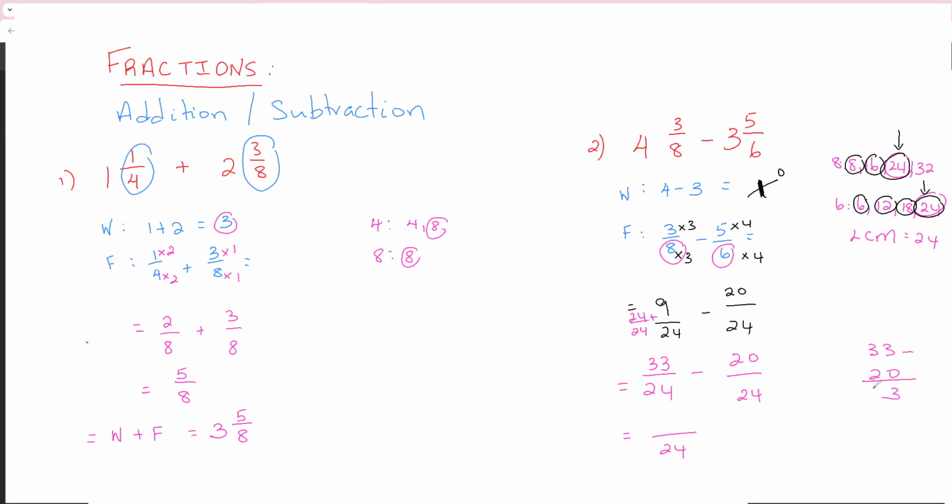And then 3 minus 2 is 1. So that will be 13 over 24. So don't forget, you put your whole number and your fraction. We don't have any more whole numbers. Remember, we're left with 0. So we just have the fraction. So our answer is 13 over 24.